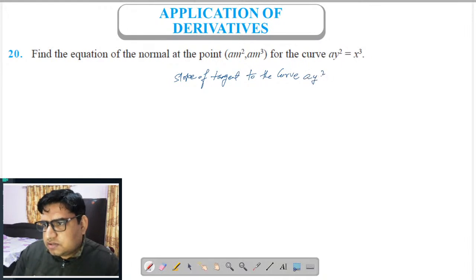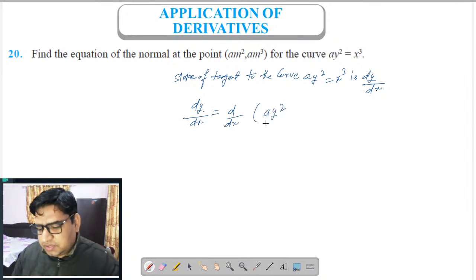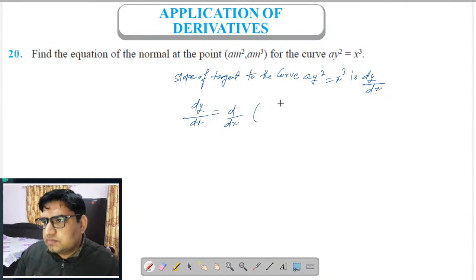Slope of tangent to the curve: a y square is equal to x cube. dy by dx is dy by dx of a y square, equal to dy by dx of x cube.